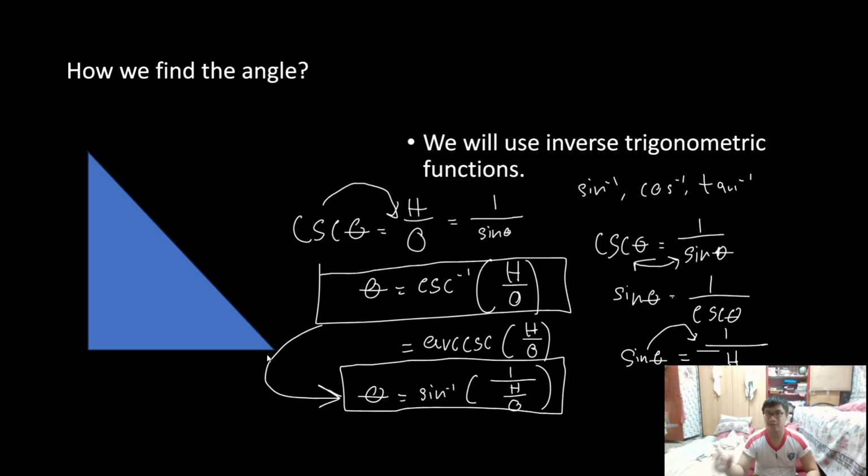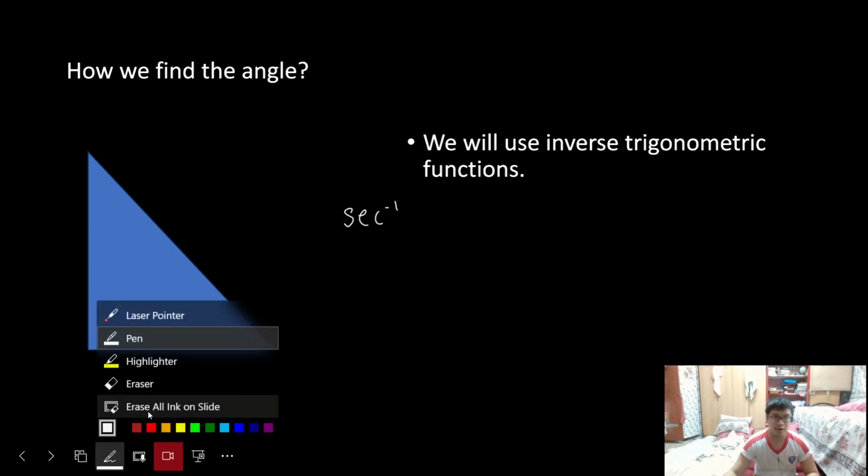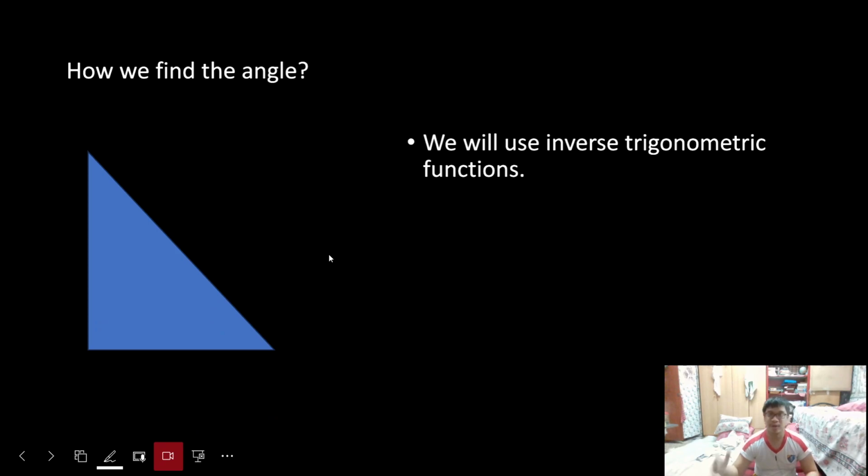And we will do it to the other two trigonometric functions as well. Because arc secant theta and arc cotangent theta are also not commonly given in your scientific calculator, unless, once again, it's given in your calculator. So, how do we find arc secant theta, so that we can use it in your scientific calculator?